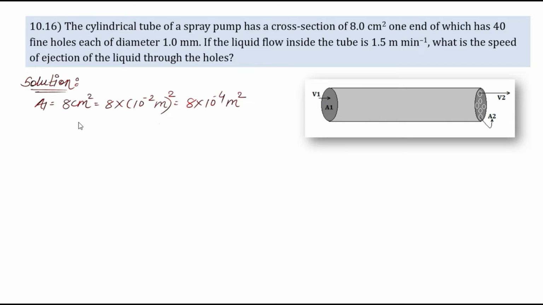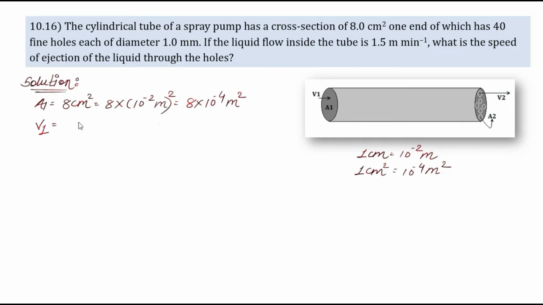We know that 1 centimeter is 10 raised to minus 2 meter. So if we square this 1 centimeter, it must be 10 raised to minus 4 meter square. So we are using that value here.